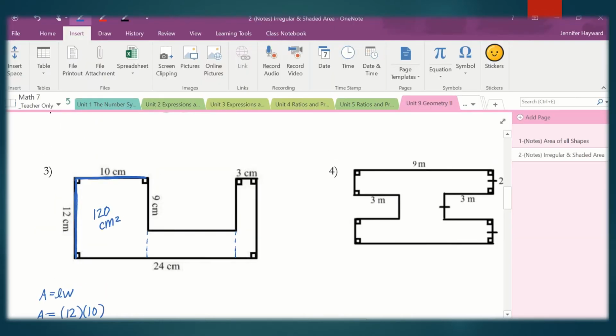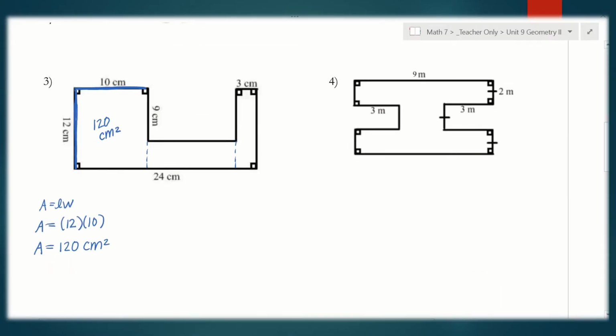Let's try the middle rectangle. So in the middle, this is my length and this is my width. Okay, so really I know nothing. So we got to figure this out. Now, what I do know is that the entire length of this figure is 24.